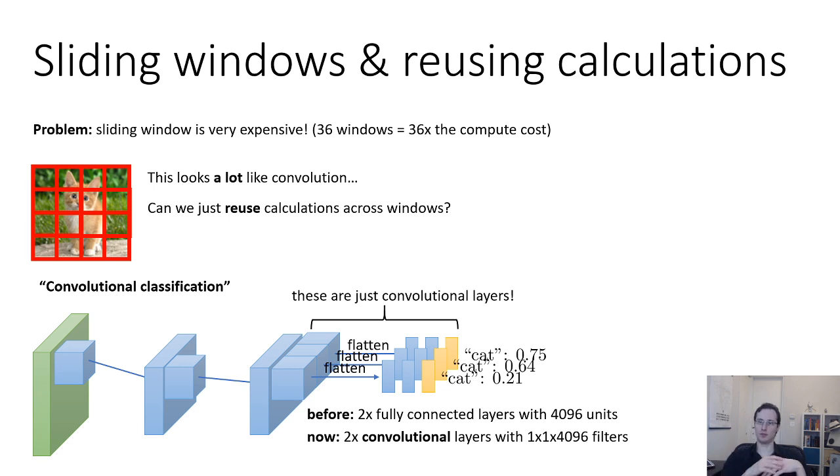If you're not certain about how this works, I would encourage you to try to draw this out on a piece of paper: draw what it looks like to have a separate classifier at each of those 9 positions, and then think about how you could encode that with convolutions. Now, the resulting network would be entirely convolutional, would have no fully connected layers at all, and its output would be, in this case, 3 by 3 by, let's say, 1,000 if you have 1,000 different classes.